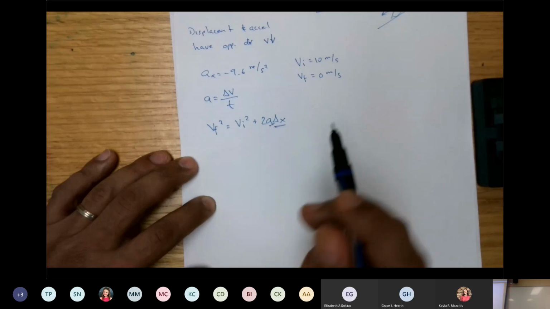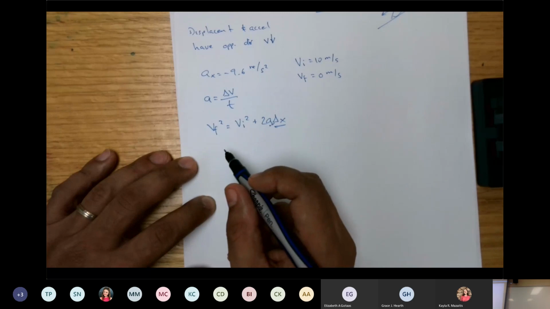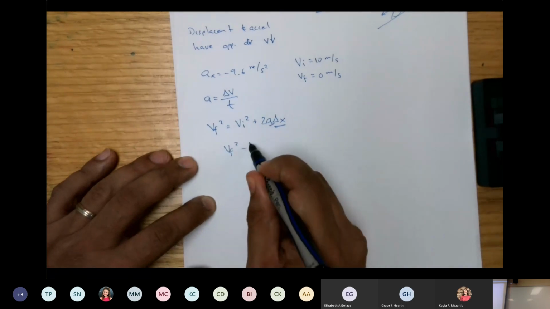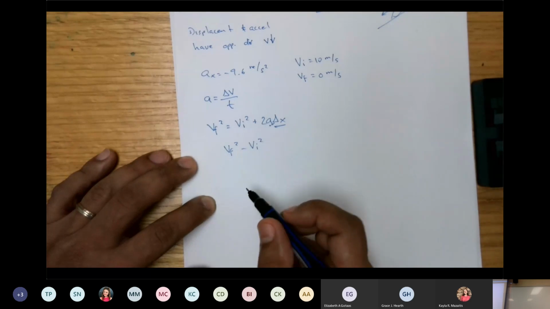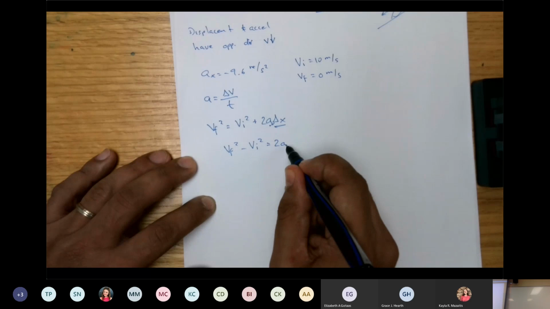So from there, what I want to do is to solve for the displacement. So yes, math. I'm going to subtract the initial velocity squared on both sides of the equation. And then I'm going to solve for delta x.